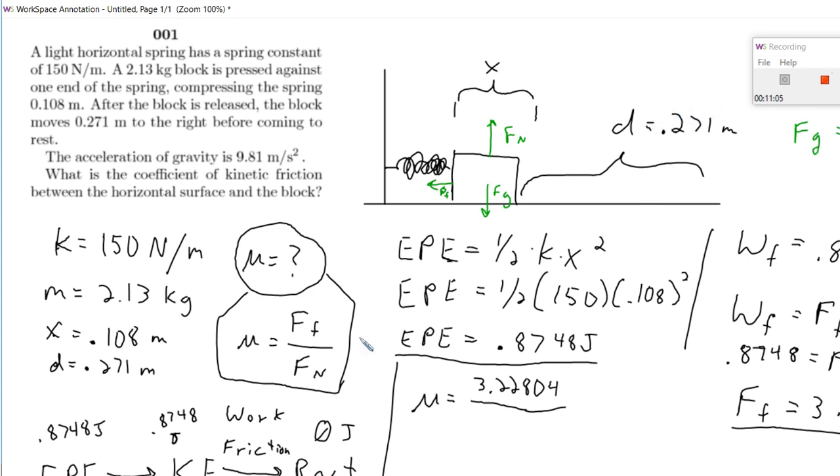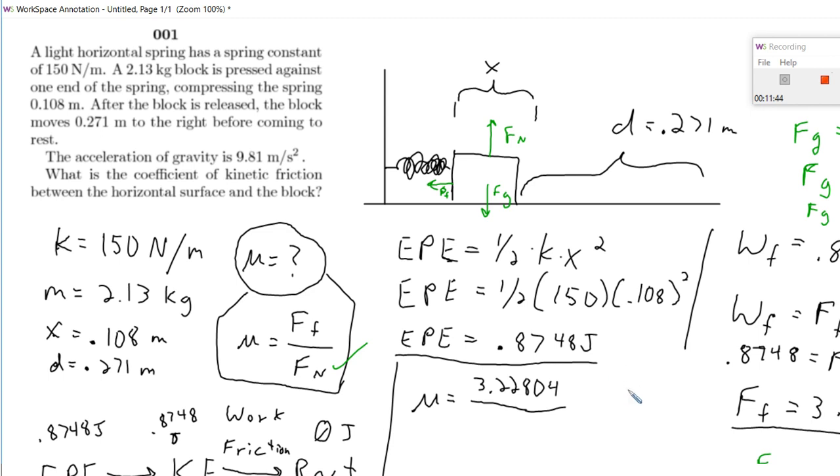Okay, well, we need Fn, and we can find that from calculating Fg. And you'll remember, of course, that the weight of any object is equal to its mass times the acceleration due to gravity, wherever it happens to be. So in this case, Fg is going to be equal to its mass, 2.13, times the listed acceleration due to gravity, 9.81. All right, and at that point, Fg equals 2.13 times 9.81, and you'll get a value for that.